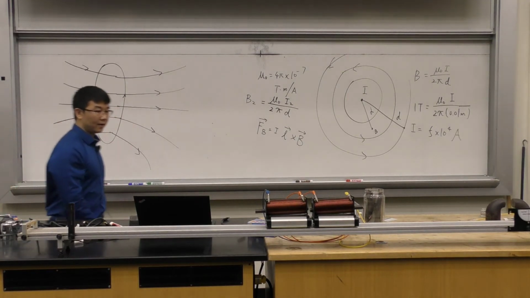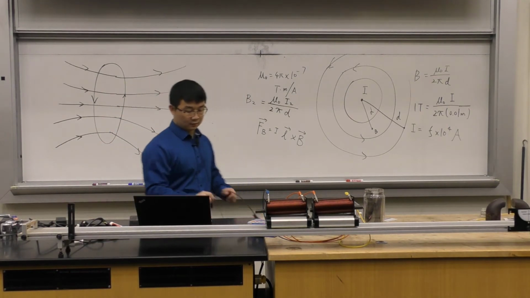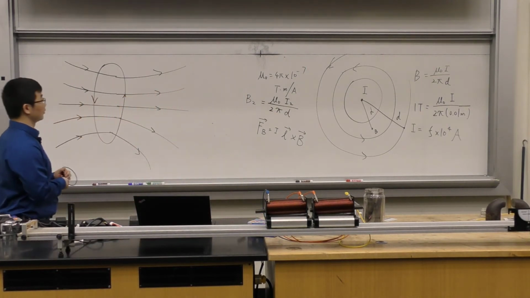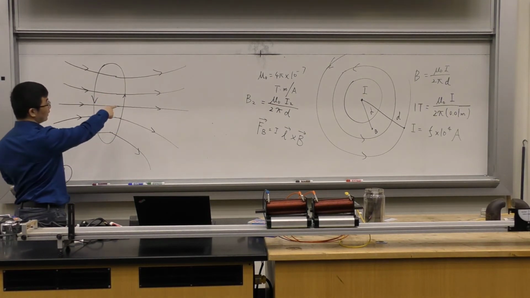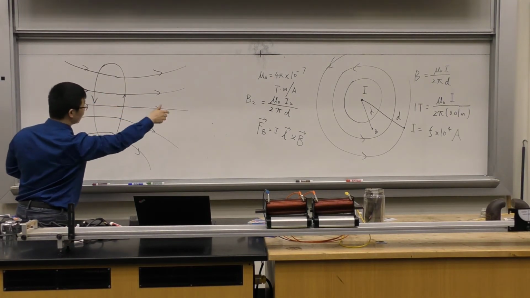And then, how do we find out the direction? Again, the loop current can go this way or that way, and these field lines go to the right or to the left.